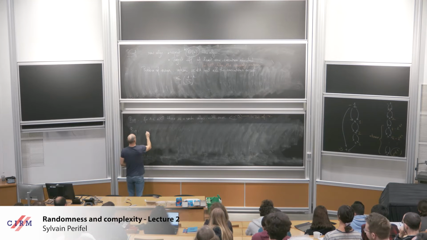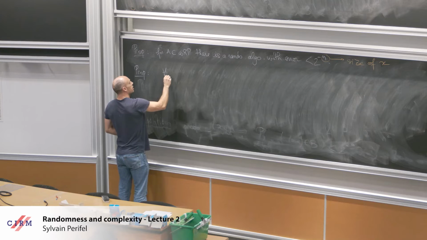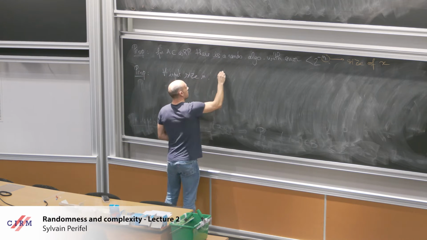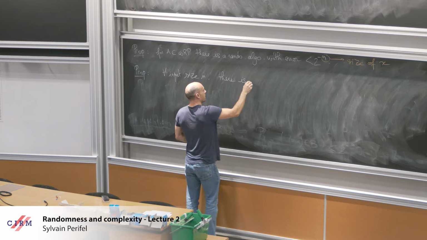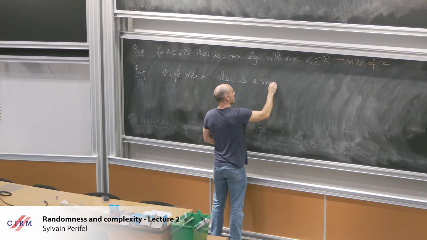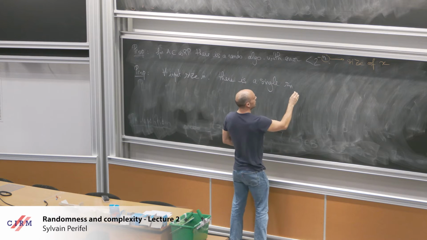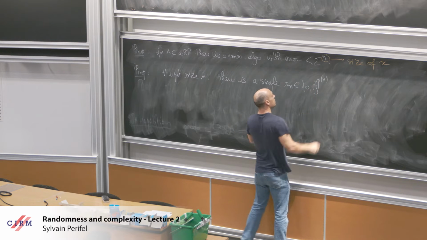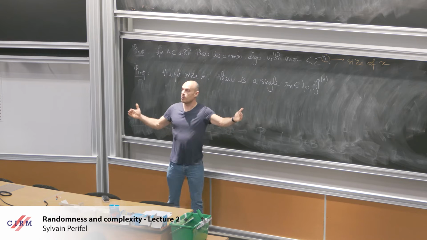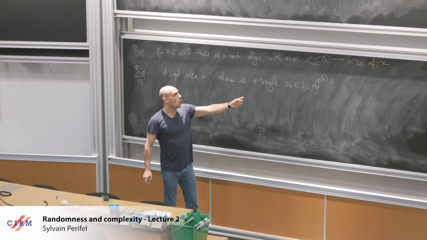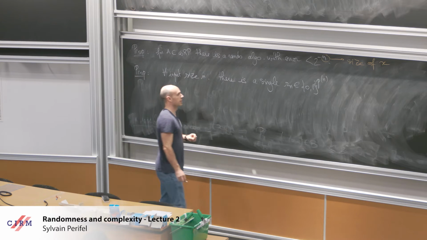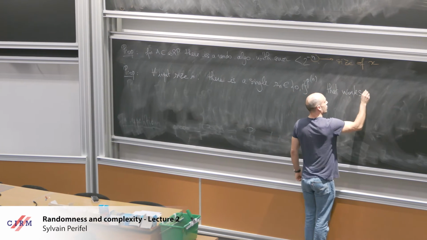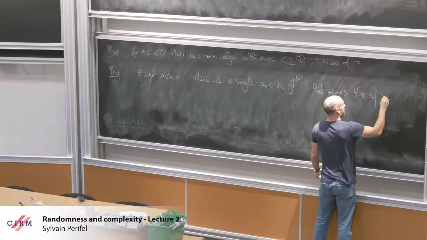So for all input size n, there is a single Rn in {0,1}^p(n), let's say. So this is a choice of the random bits that works for all x of size n.